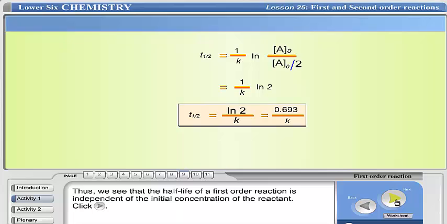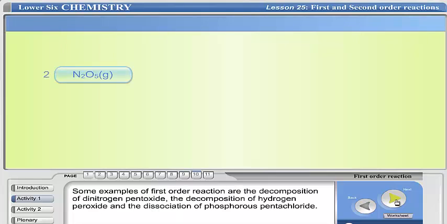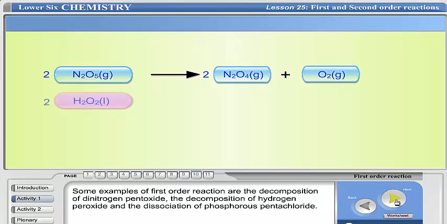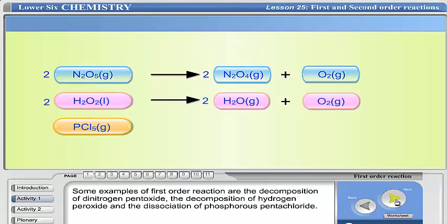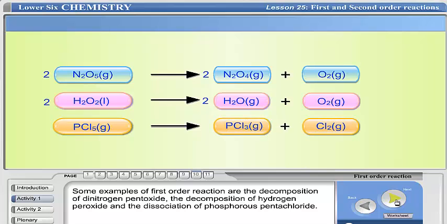Thus we see that the half-life of a first-order reaction is independent of the initial concentration of the reactant. Click Next. Some examples of first-order reaction are the decomposition of dinitrogen pentoxide, the decomposition of hydrogen peroxide, and the dissociation of phosphorus pentachloride.